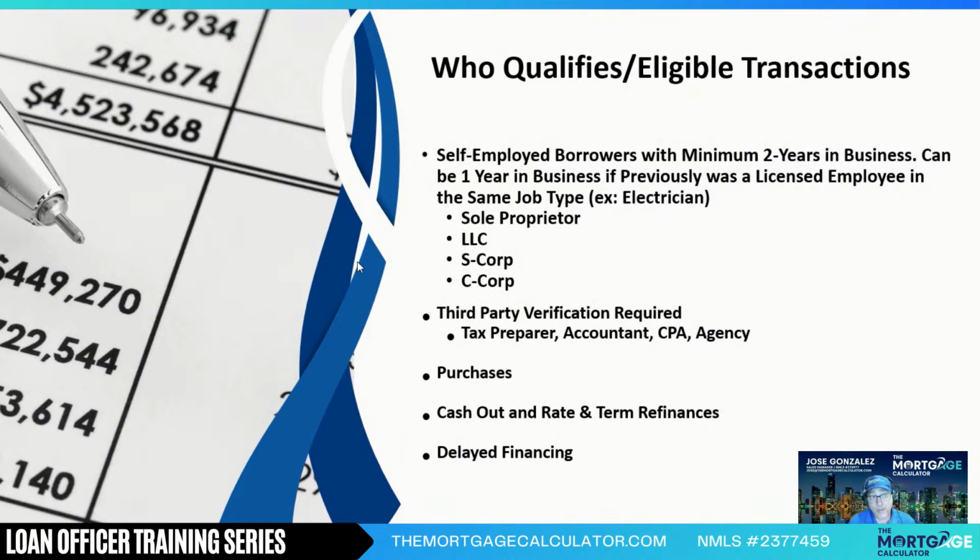But third-party verification is required for self-employment, right? We just touched base on that, and there are a lot of different ways to get that. Third-party verification could be from a tax preparer. I mentioned the three we have there. Or it could be from an agency. Maybe you have a CPA license, and we can verify that license.